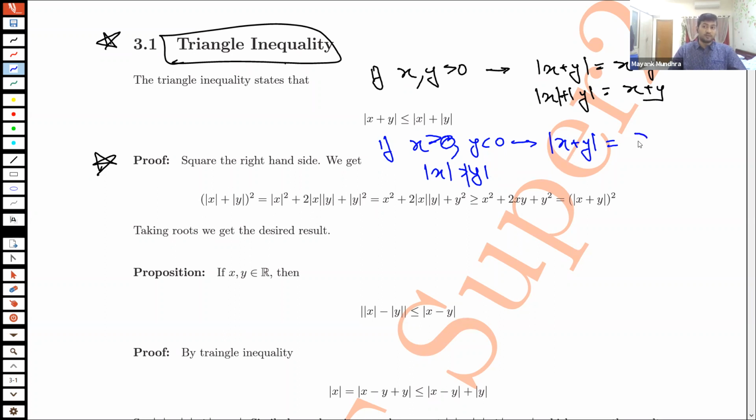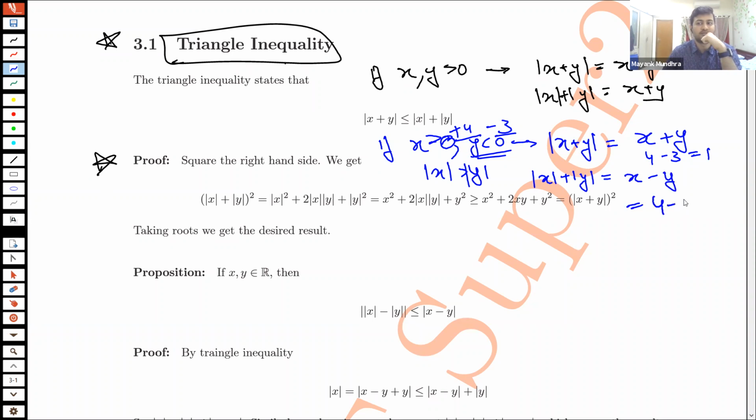So mod of x plus y will actually be equal to x plus y, where y is negative. So x is, let's say, plus 4 and y is minus 3. Mod of x plus y is 4 minus 3, which is 1. Whereas mod x plus mod y in this case will be equal to x minus y, which becomes 4 minus minus 3, that is equal to 7.